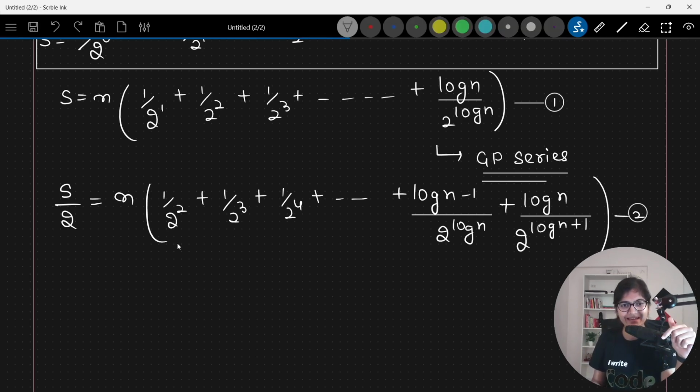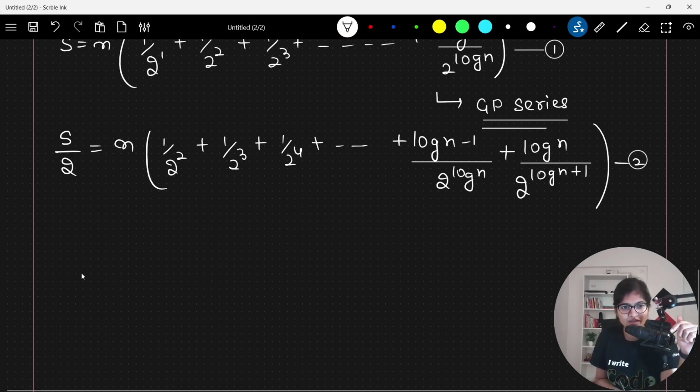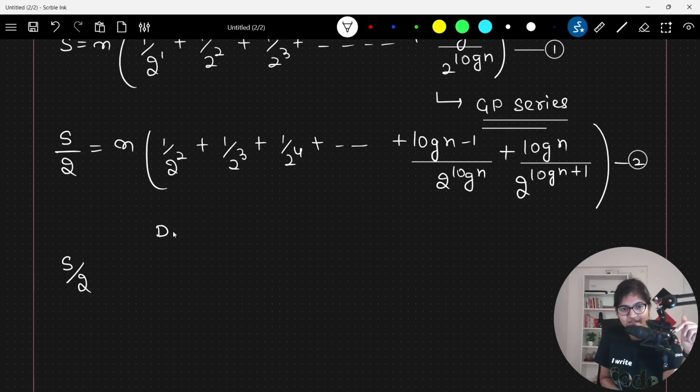So s minus s by 2 will be equal to s by 2. We are taking a difference, or you can say a subtraction of equation number 2 from equation number 1.